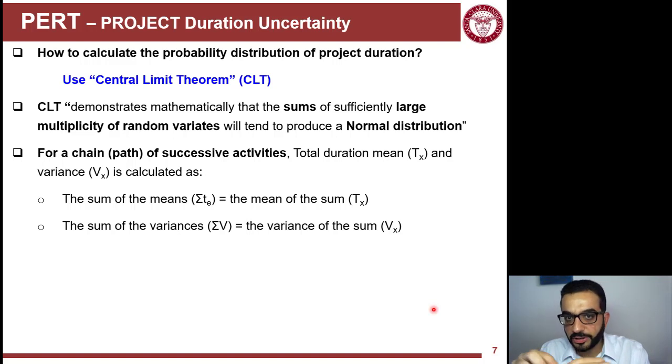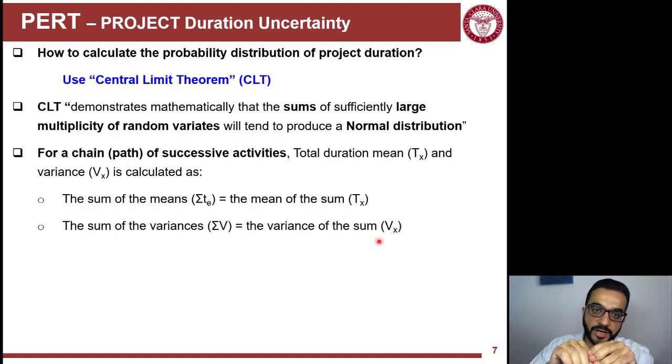Meaning that the mean of the duration of the whole path will be equal to the sum of the means of the activities on the path. And then the variance of the sum, meaning that the variance of the total duration of the path will be equal to the sum of the variances of the activities on that path.